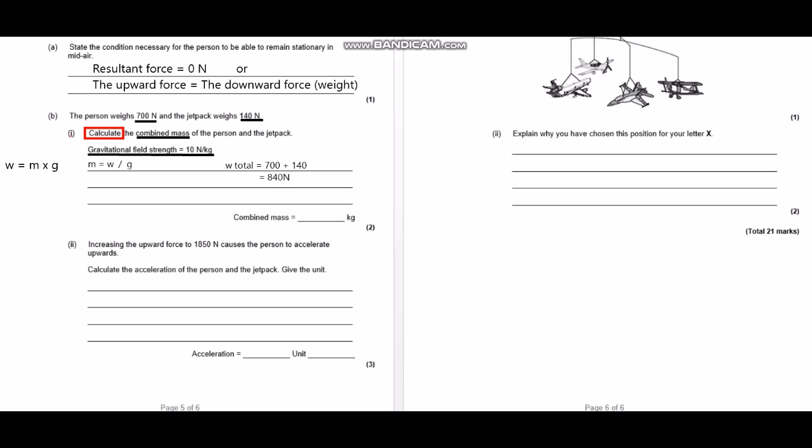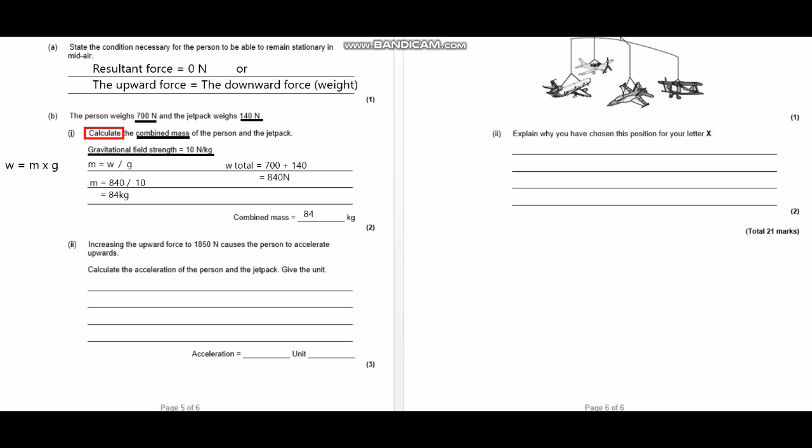So the total weight, or the combined weight, is equal to 840. We get that from adding 700 to 140. We then divide 840, the weight, by 10, the gravitational field strength, which gives us 84 kilograms, which is quite a realistic answer. And so the total answer is 84 kilograms.